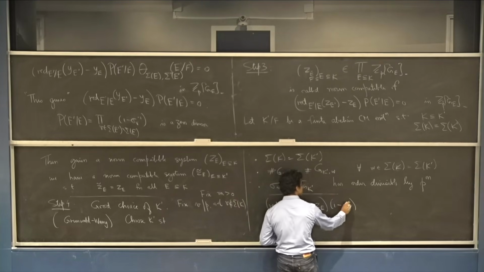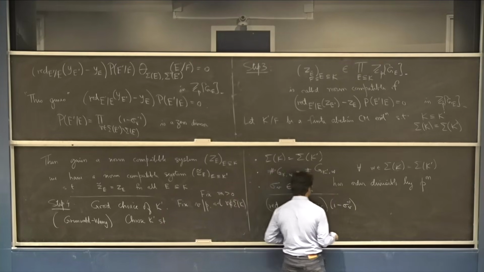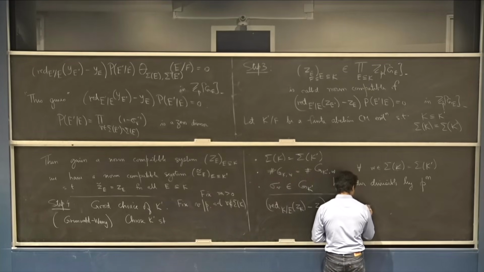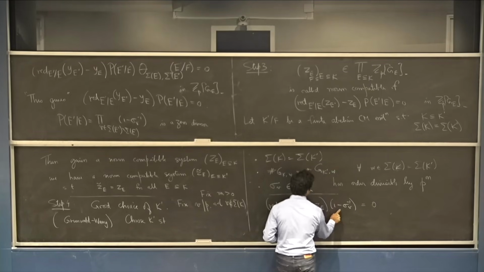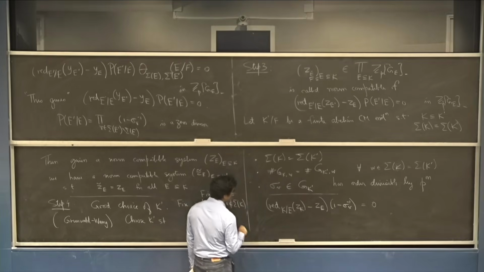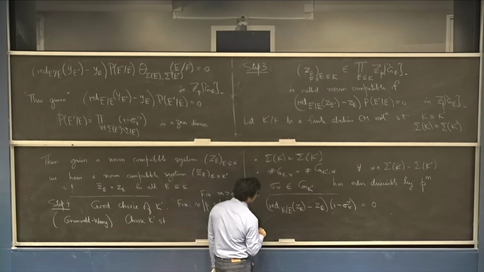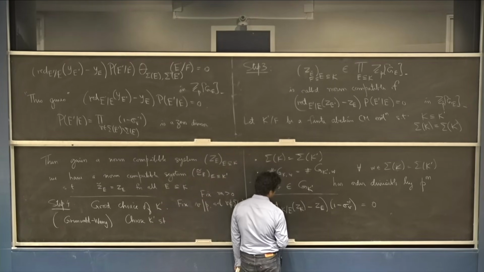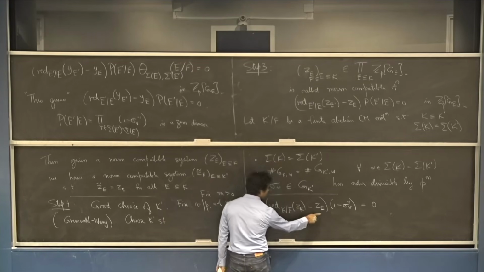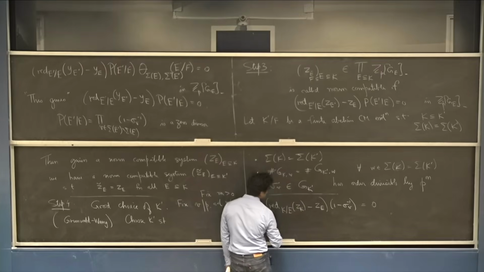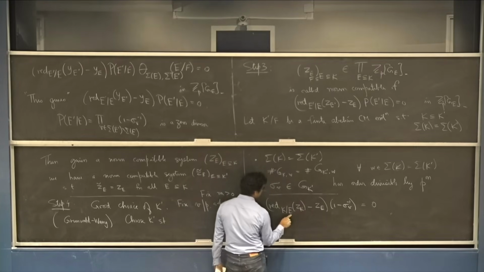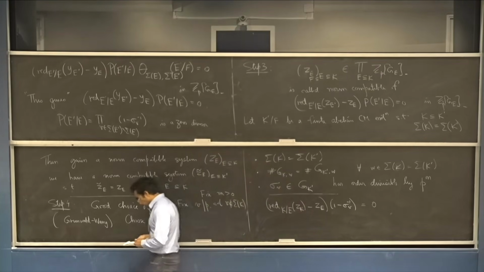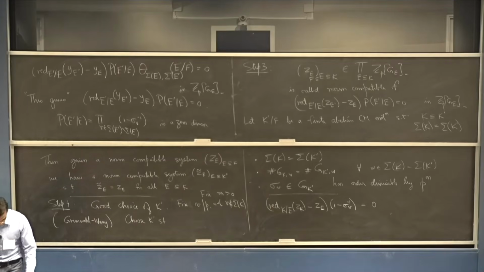This is inside G E, and this is 0, and I want to cancel this, right? So I'm going to choose E prime for this E this way, and then I'm going to take my K prime to be K E prime, I think.